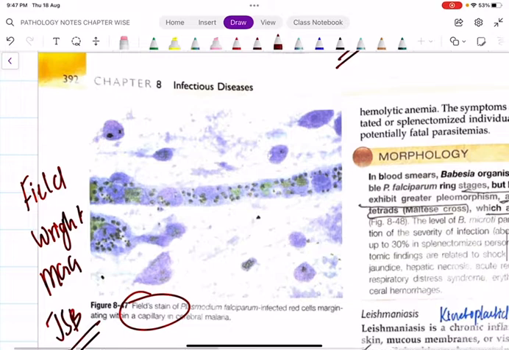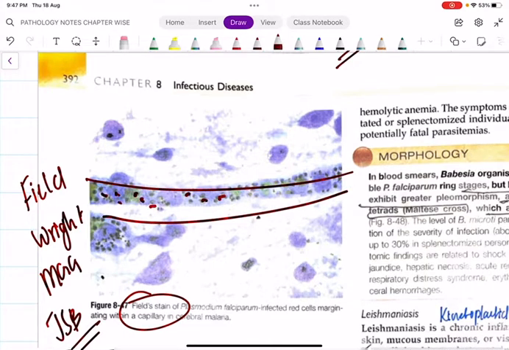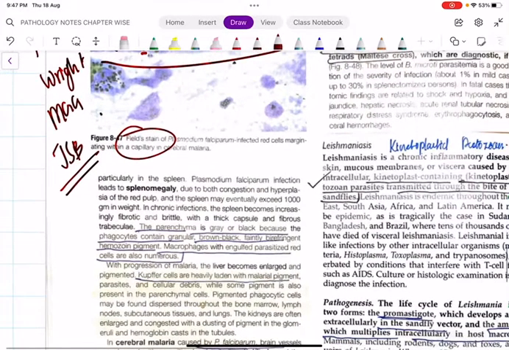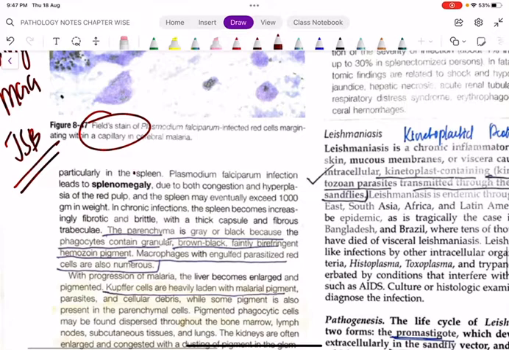Fine. See, what is this? Dürck's granuloma, cerebral malaria. Okay, yes. So I told you it will cause splenomegaly. As far as morphology is concerned, malaria causes splenomegaly. Fever with hepatosplenomegaly is one of the characteristic features of malaria. There will be congestion, hyperplasia of the red pulp.